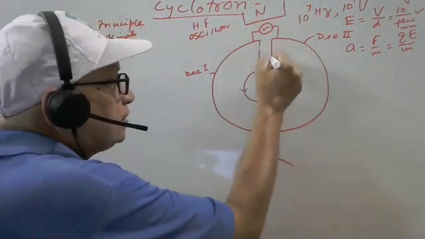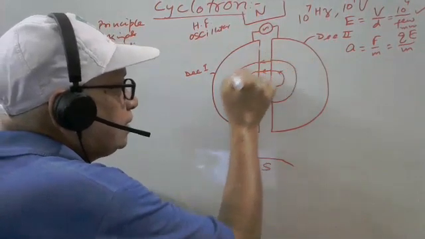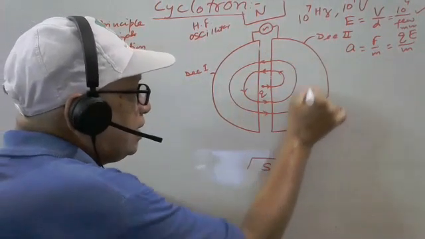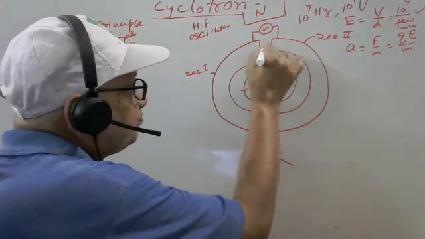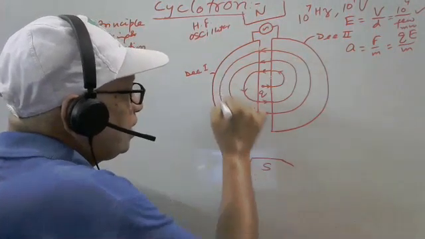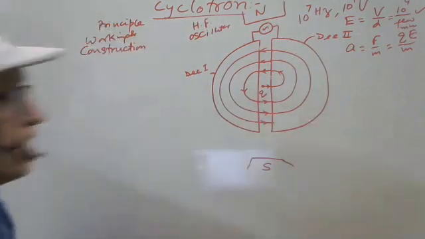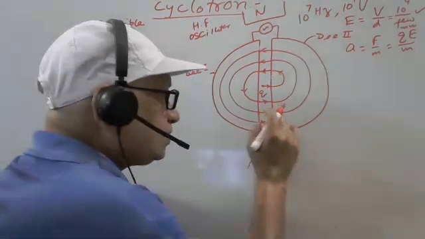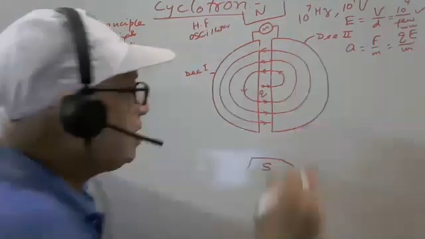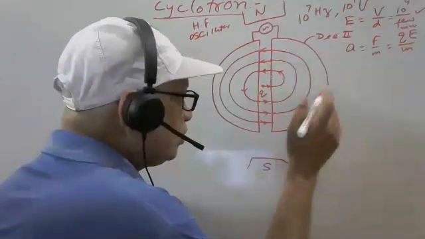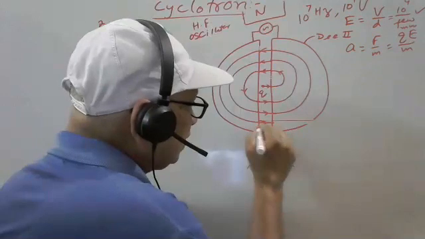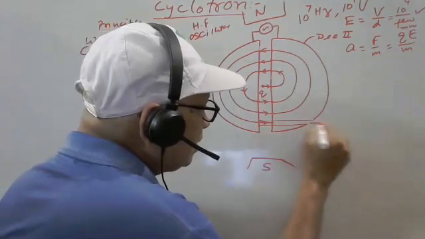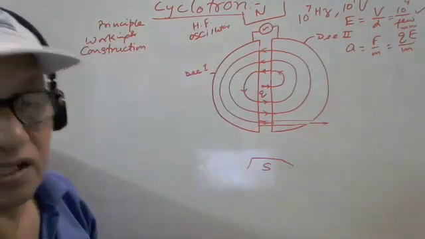This way the charged particle keeps accelerating again and again. Now it has got very high energy. After getting sufficiently high energy, it comes out through the window. Let us say this is the window here, and the charged particle comes out with very high kinetic energy.